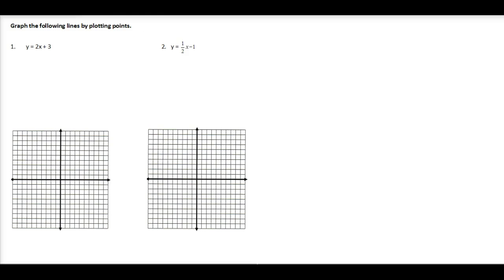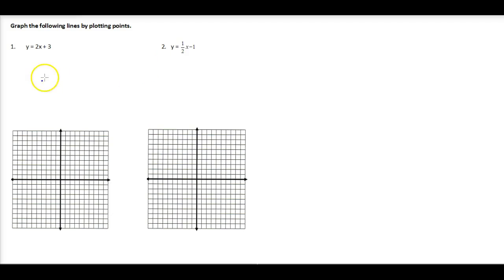So now that we know the basics about the different forms of an equation of a line, as well as what the various types of lines look like in terms of slopes, let's go ahead and do some practice here by graphing a line by using this equation of a line to plug in some x values for it. So to get started here, let's work on number 1.